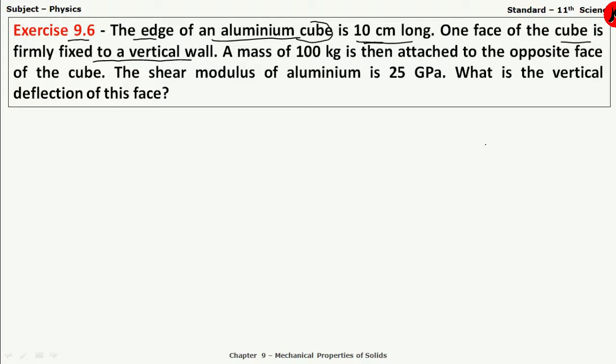So first of all, what do we have? We have one wall, like this. Clear? And here the face is attached, the cube is attached like this.